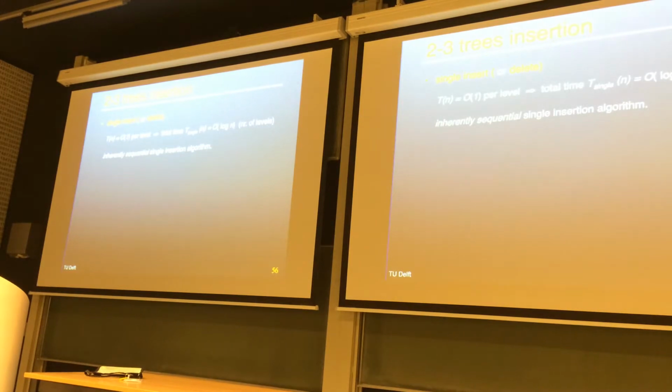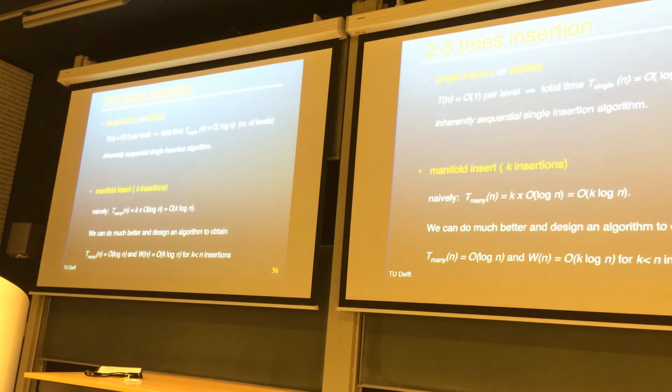Well, you have to go down in the tree in a sequential way, and you have to go up in a sequential way. And you have to follow the structure of your data structure. Okay. Well, very naively, doing k insertions will cost you, for this inherently sequential insertion algorithm, a time k times log n, and that's the O of k log n.